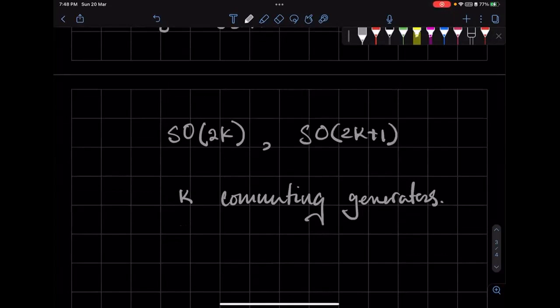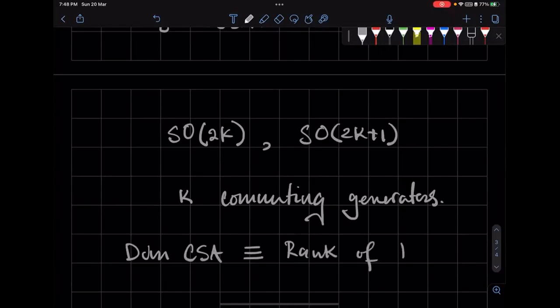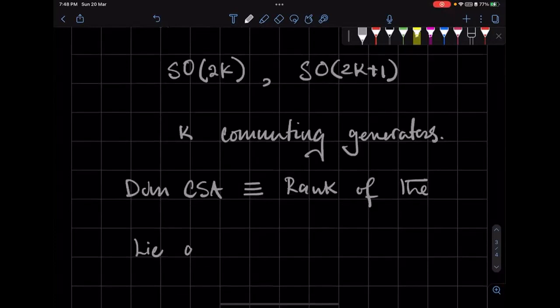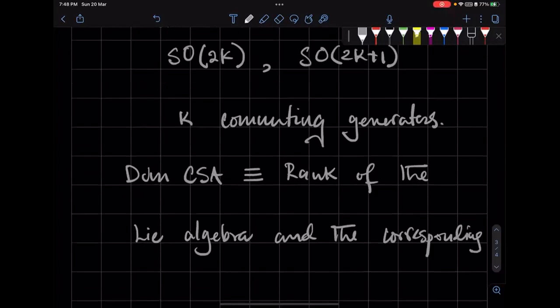So the dimension of the Cartan subalgebra, or the number of elements in the Cartan subalgebra, is called the rank of the Lie algebra and the corresponding Lie group.